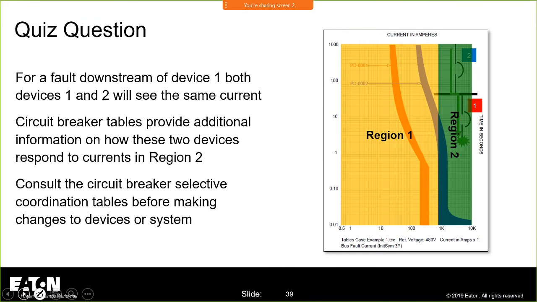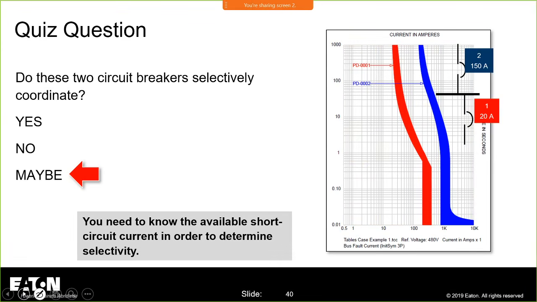You may look at a trip curve and say, well, based upon the TCC curve, it doesn't look like they selectively coordinate, but I have this table of tested pairs from the manufacturer telling me they will coordinate up to this value, which is into the instantaneous region, and I know it works because it's published data. So the answer to this one really is maybe.